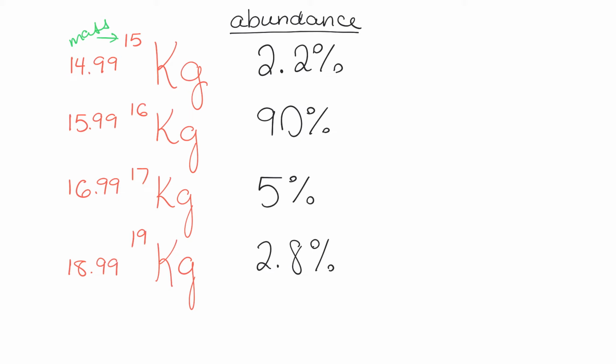Okay, it doesn't matter. Either way, you've got a mass in some way, shape, or form, and you have an abundance. So we're looking for what's called the weighted average.